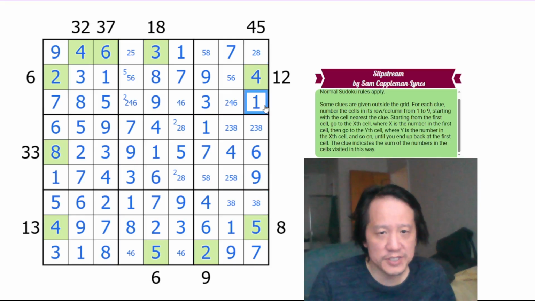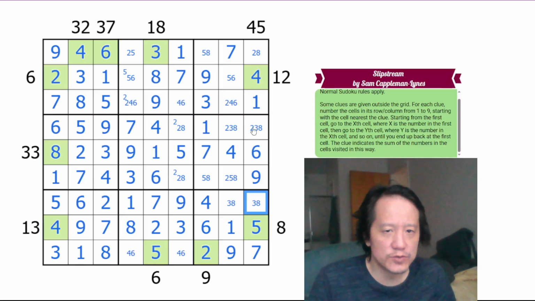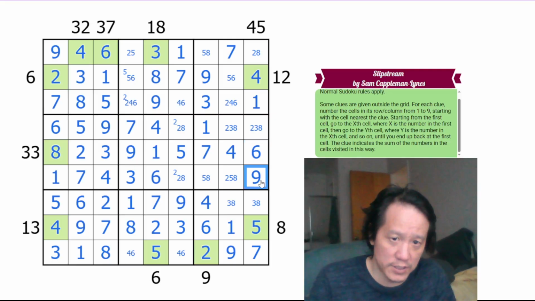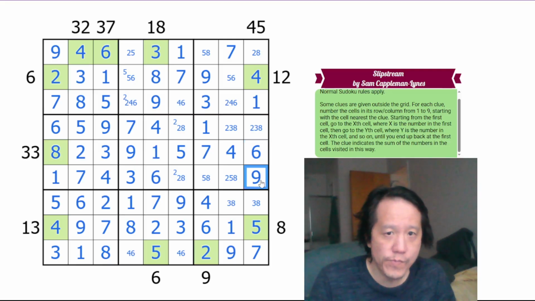So 3 would be the second to last digit in the cycle. So then this would be 2, guaranteed. So 8 points to 5, which points to 6, which points to 9, which points to 7, which would point to 3.